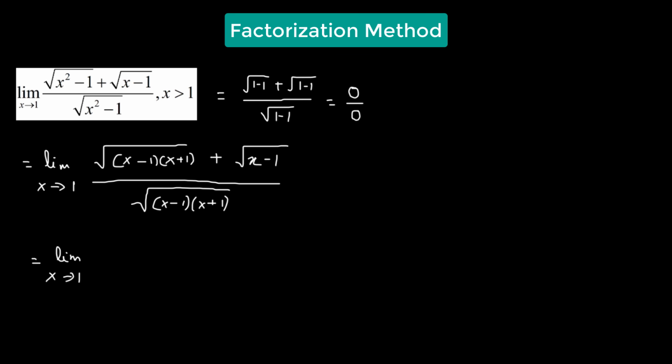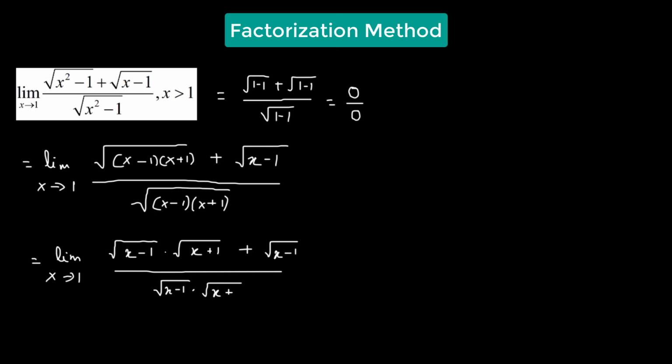Now we can separate the square root. So we have the square root of x minus 1 multiplied by the square root of x plus 1, plus the square root of x minus 1, divided by the square root of x minus 1 times the square root of x plus 1. Here we have used the fact that the square root of ab is equal to the square root of a times the square root of b, provided a and b are both positive.